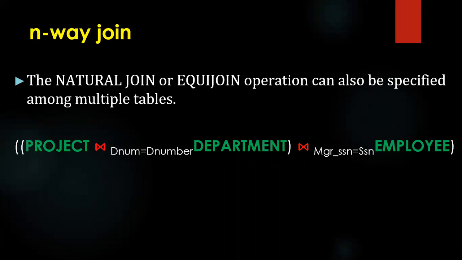So like this, result of 2 joined tables can be used as input for joining the next table. So like this, we can extract the data which is stored in multiple tables, multiple relations in a relational database, using relational algebra expressions using inner join operations.